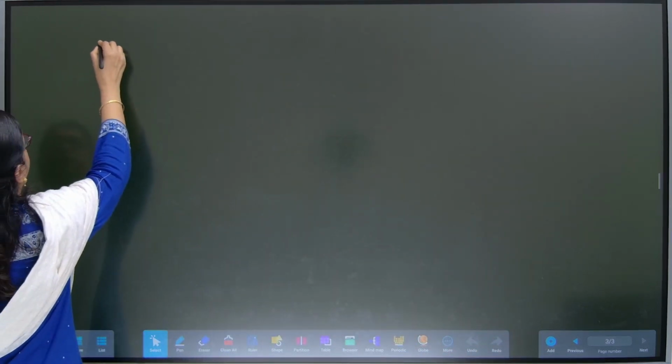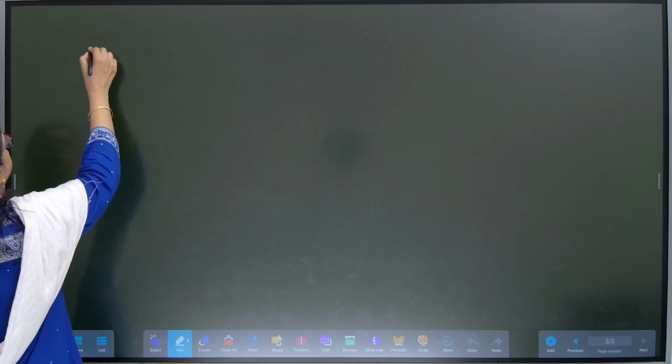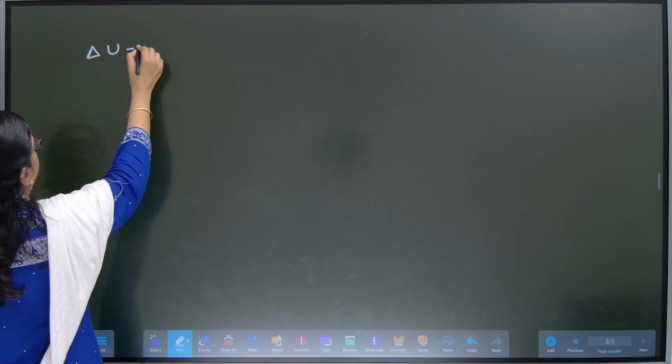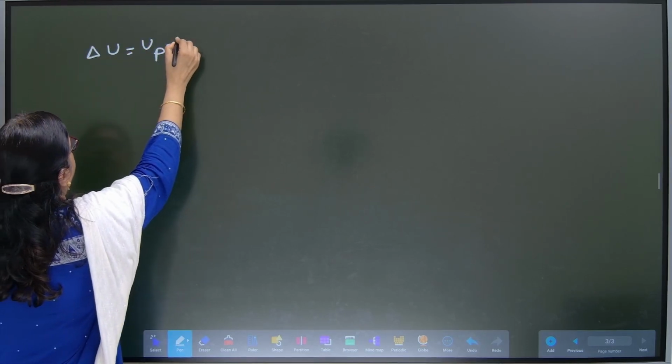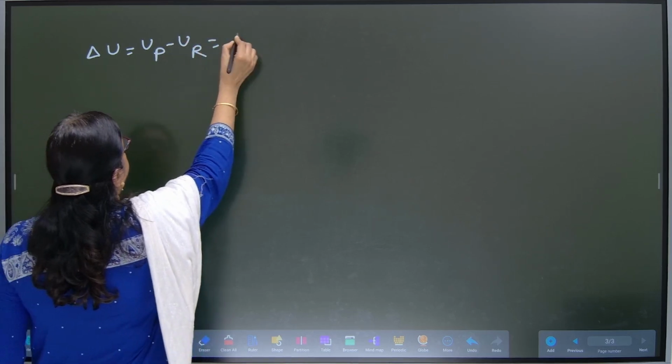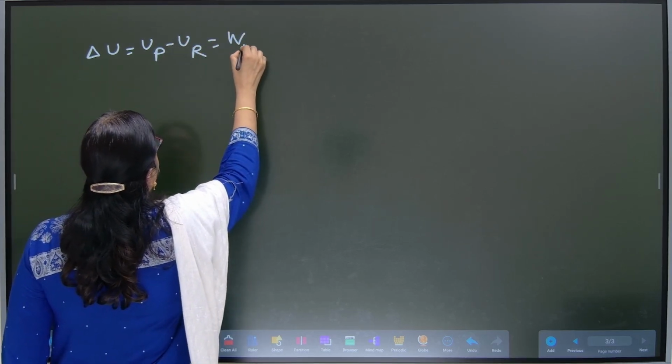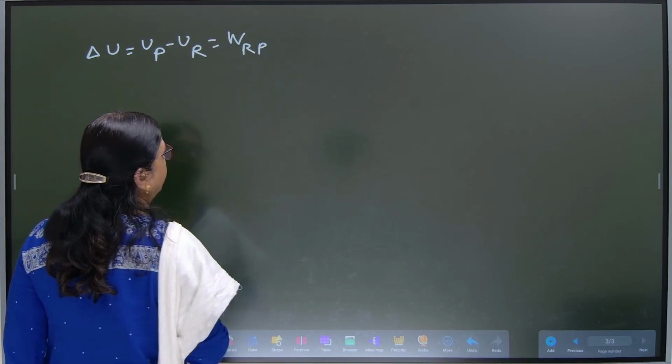So we write the formula again. Delta U is equal to UP minus UR, which is equal to WRP. Okay?